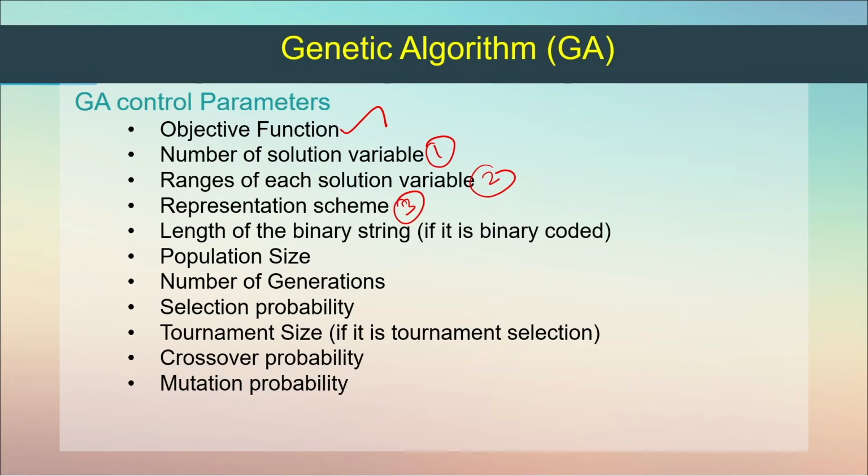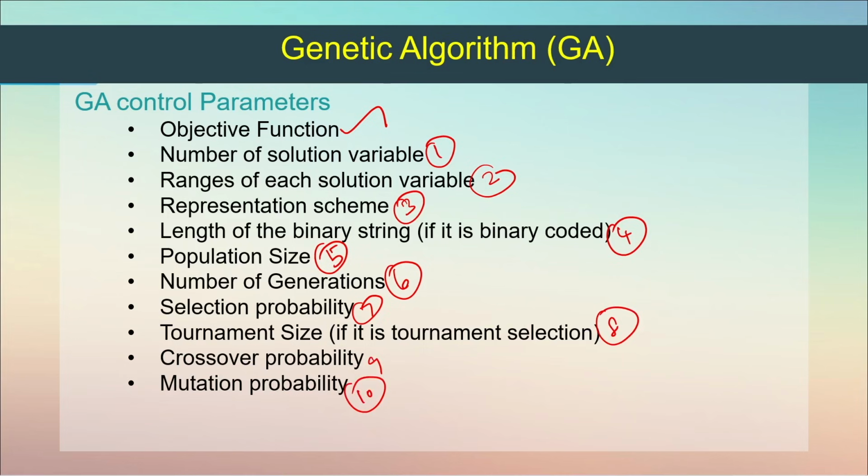If you are using a binary coded GA, then the length of the binary string, population size, number of iterations. And there are genetic operations: selection, crossover, mutation. For selection you need to mention selection probability as well as tournament size, in case it is a tournament selection. Then crossover probability and mutation.